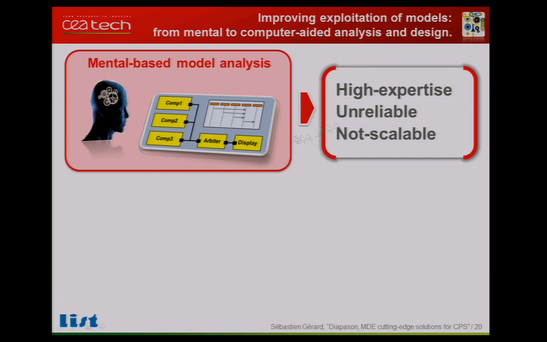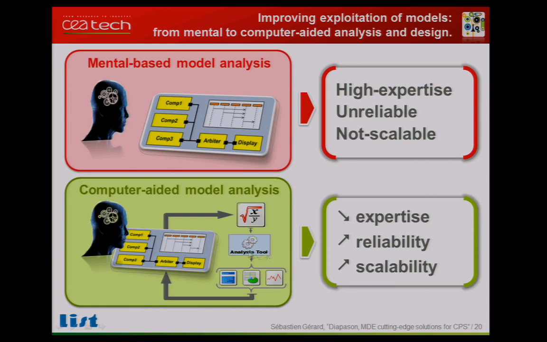The current situation is that once you are able to make a model, the model is used for some purpose, for example to make an analysis: a safety analysis, a performance analysis, or a risk analysis. Today it is based on human capacity to compute the model and to extract the information.